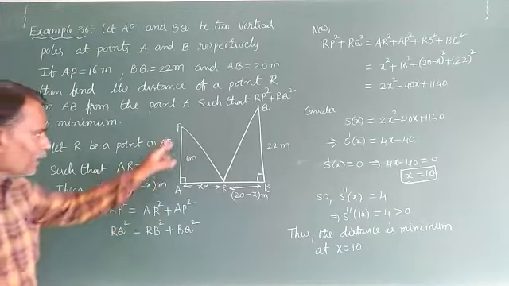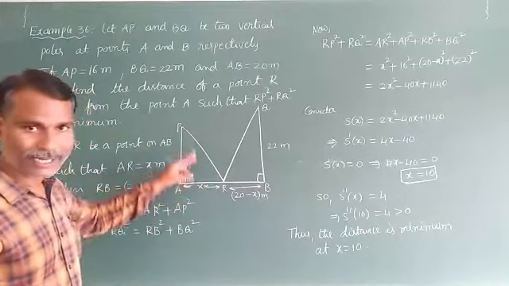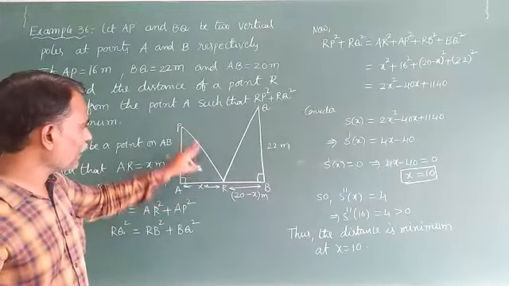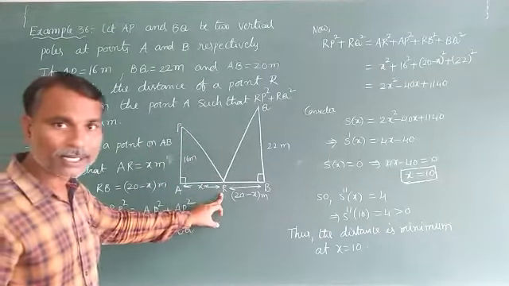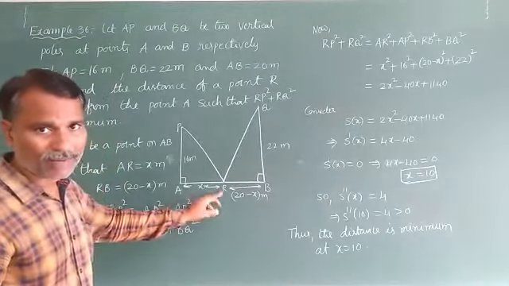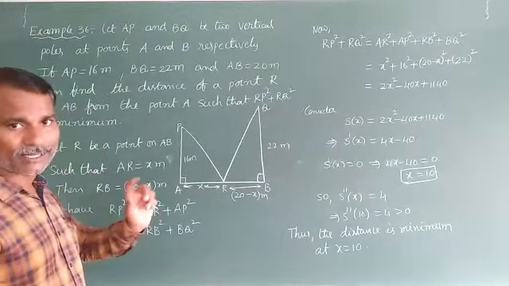This is a right angle triangle. In the right angle triangle, PR square means AP square plus AR square, by using the Pythagoras rule: the square of the hypotenuse is equal to the sum of squares of the other two sides.